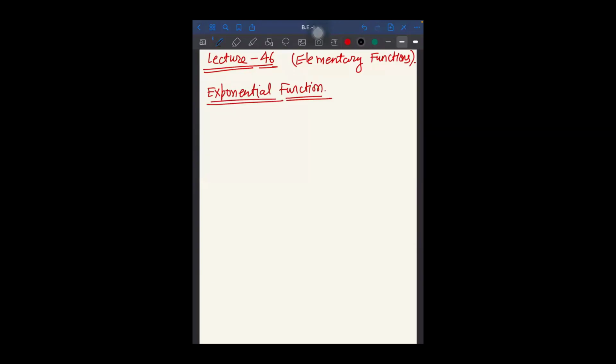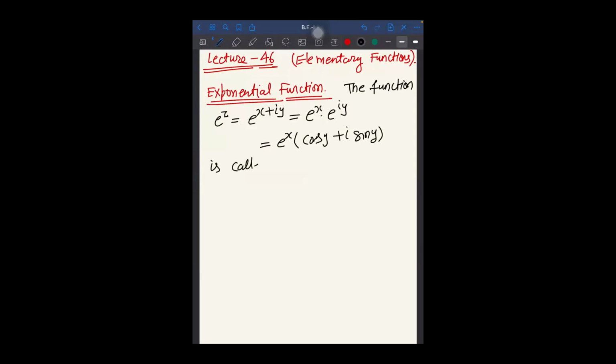So the function e^z, which is defined as e raised to the power x plus iota y, which is e^x e^(iota y). So finally, we'll define it as e^x (cos y plus iota sin y). So that is something which is called the exponential function.